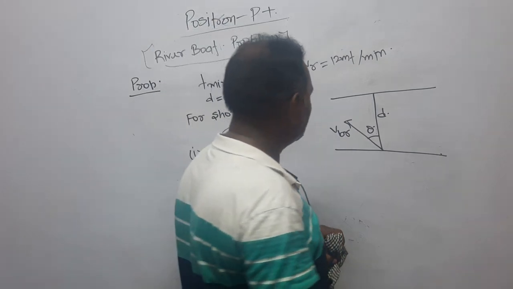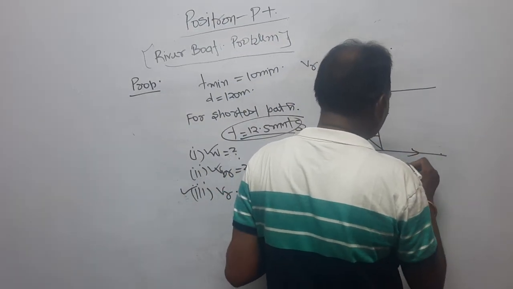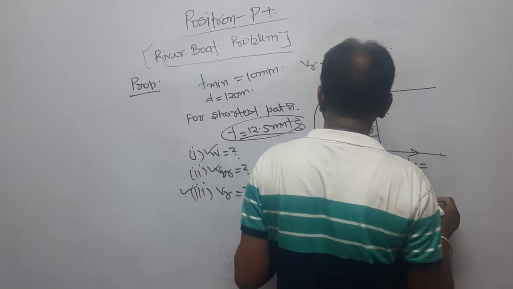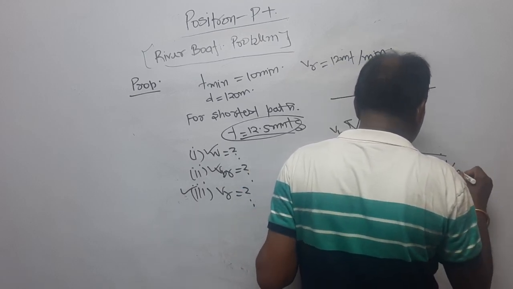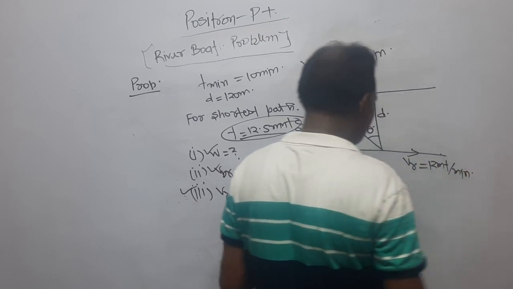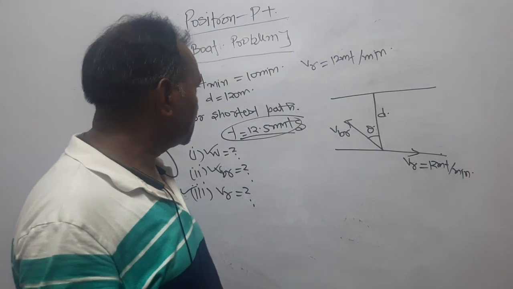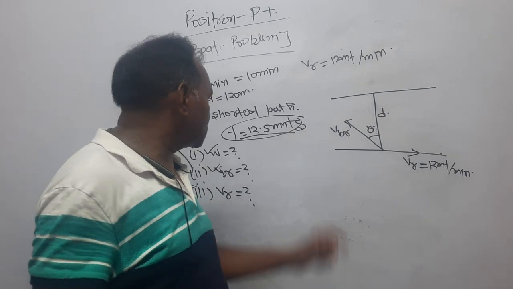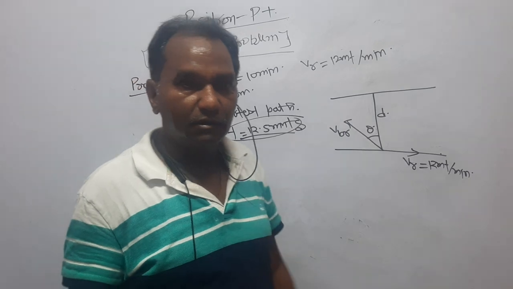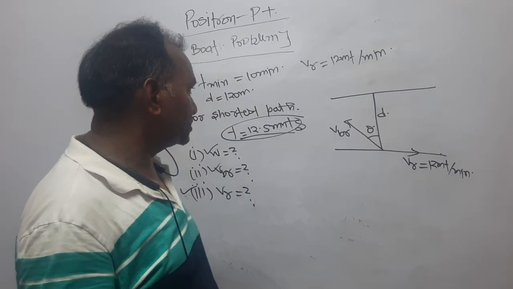And now this time you have found VR is equal to 12 meter per minute, right? And now you have to find out two things: how wide the river is, and second, what is the velocity of boat with respect to river.